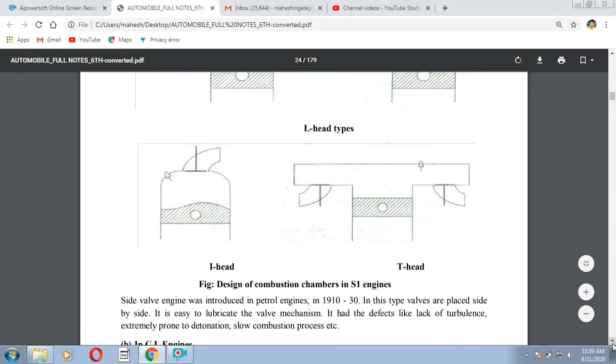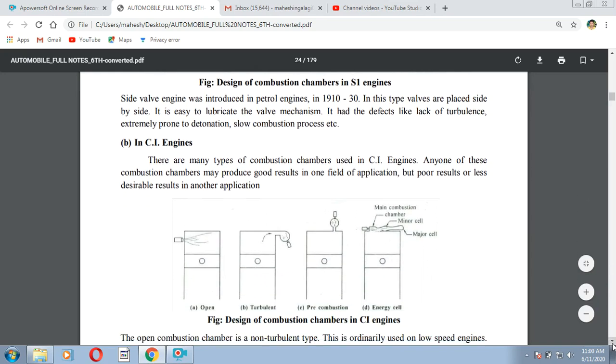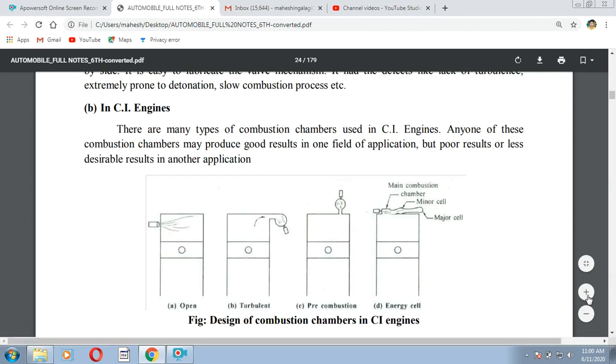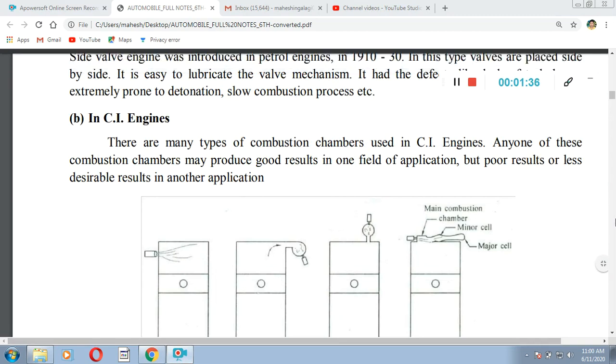Now moving towards the CI engine, we are having four types again. One is open type, turbulent type, pre-combustion type and energy cell. These are the four types of combustion chambers, four designs of combustion chamber in the CI engine. There are many types of combustion chamber used in CI engine.